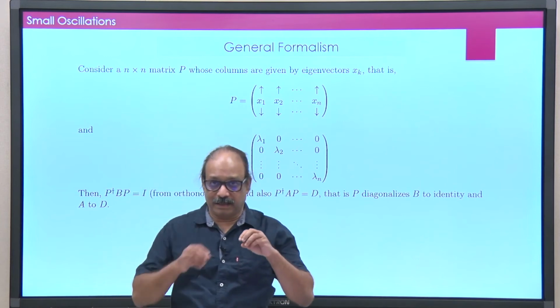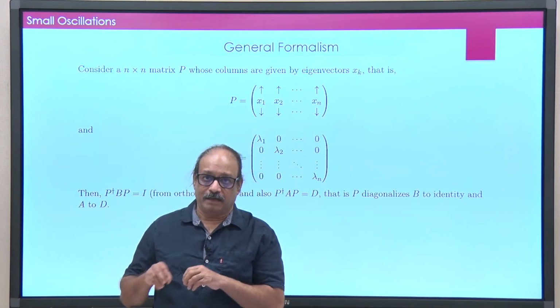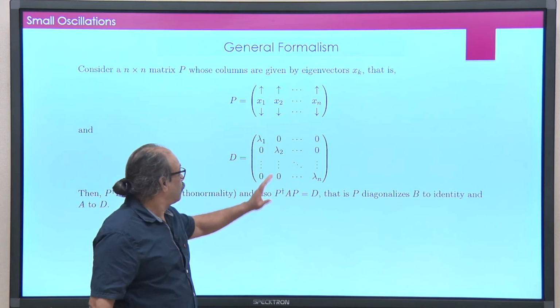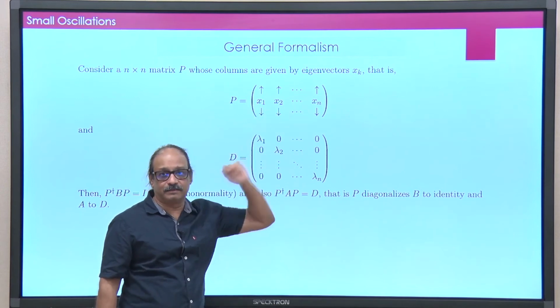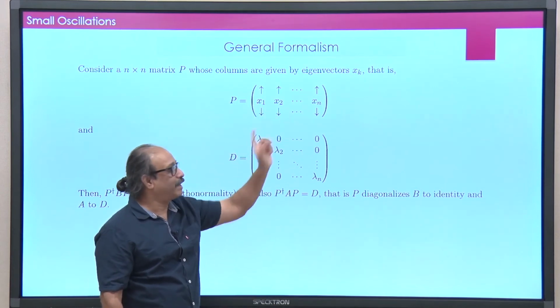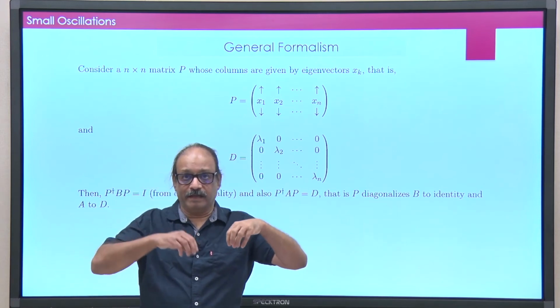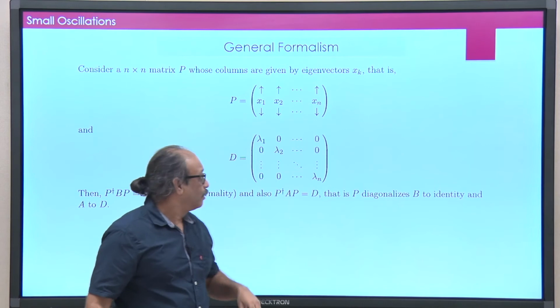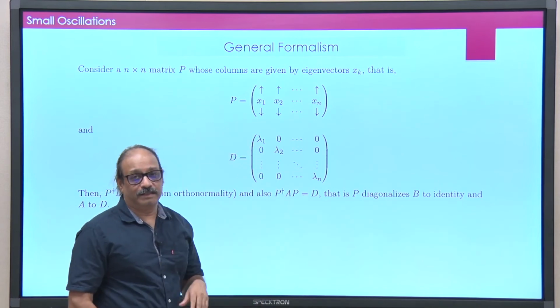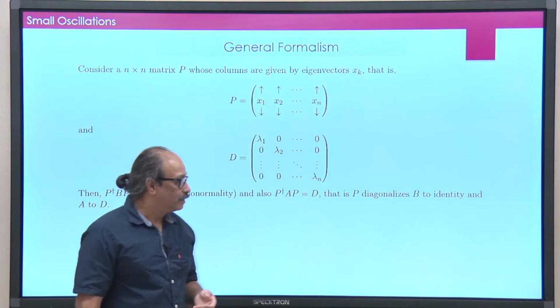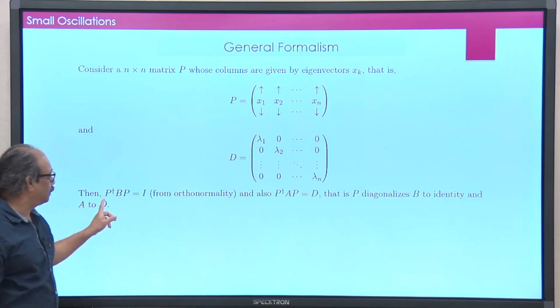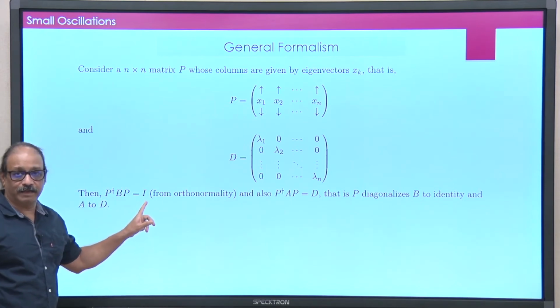I have got these x 1 to x n eigenvectors, and I put them in the columns of the P matrix. And what does this P matrix do? So, there are two matrices, A x is equal to lambda B x. By similarity transformation, this P matrix will diagonalize the B matrix to identity.